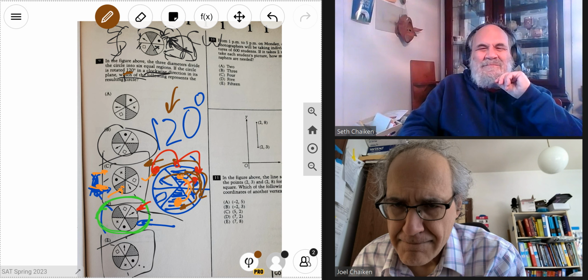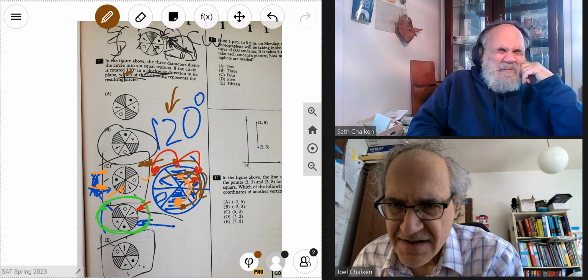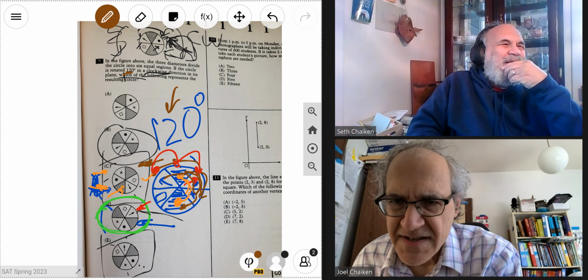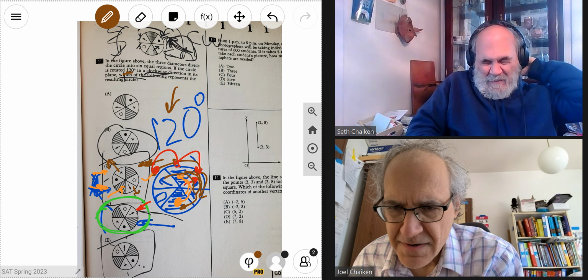Yes. Right, and then this one doesn't. 3 ticks moves this arrow. The arrow was here, moves it to here.